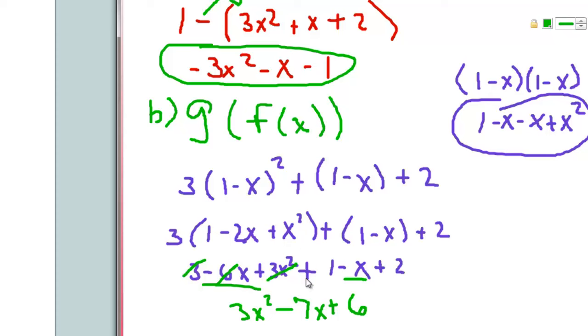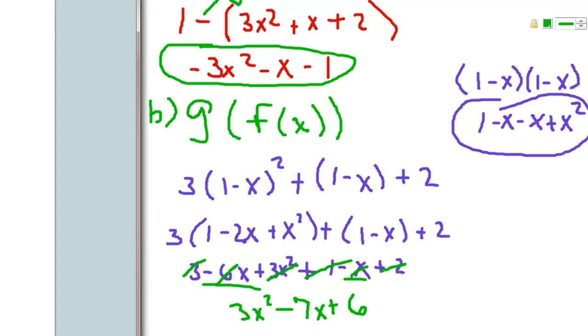All right, so we used everything. Good to go. So 3x squared minus 7x plus 6. All right, so that one was the third question.